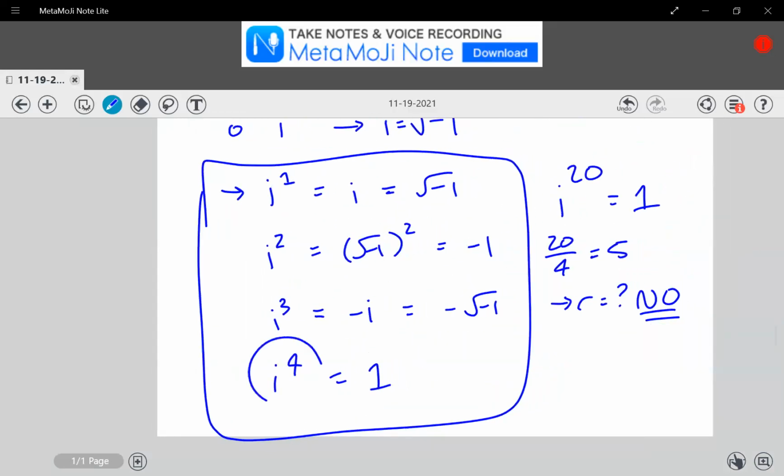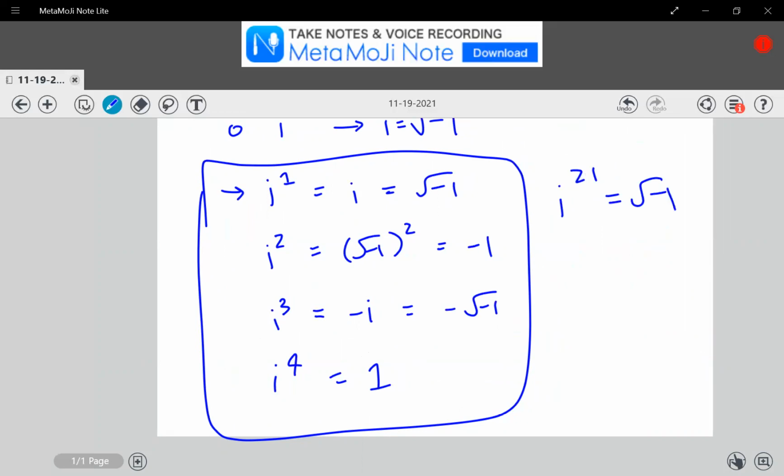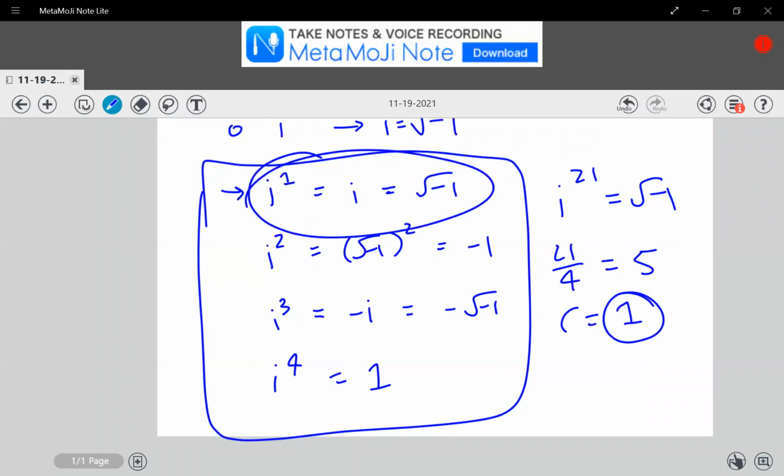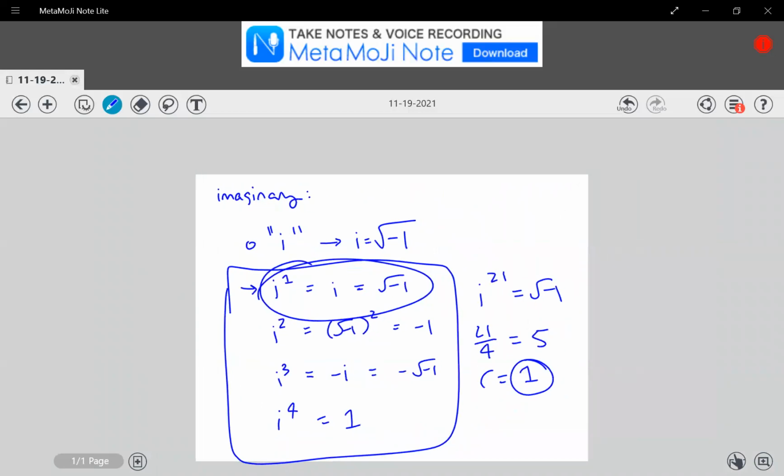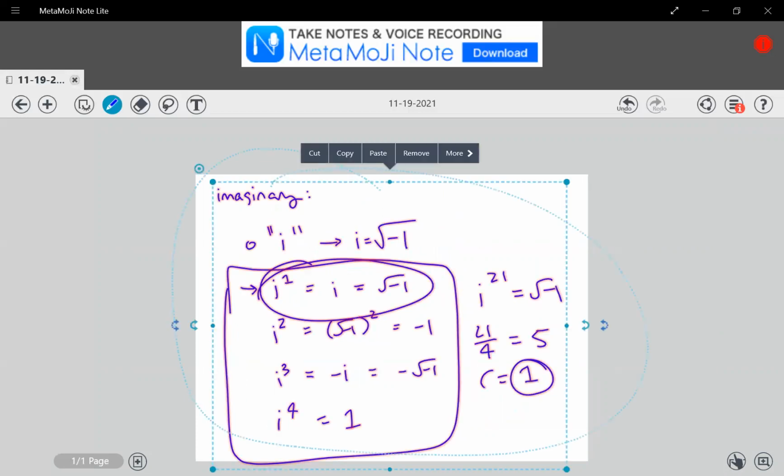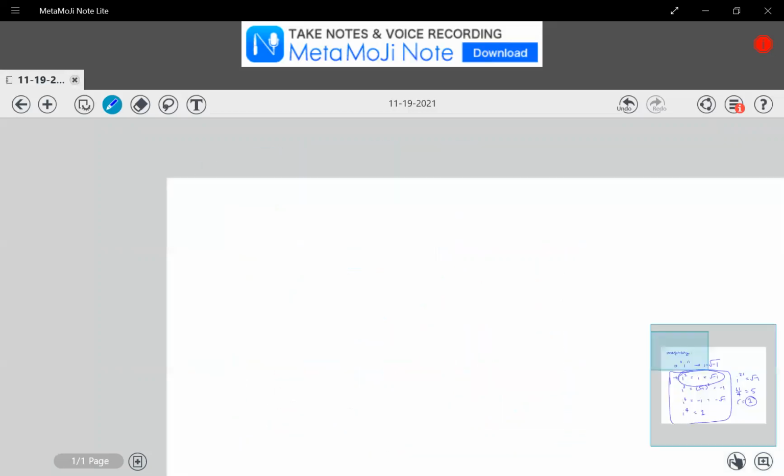That means that we're at i to the power of 4. It goes evenly. However, if we had something like i to the power of 21, then that would be i. Why? Well, 21 divided by 4 is 5 with a remainder of 1. i to the power of 1, square root of -1. All right? So that is how i works. A complex number, on the other hand, is any number that has an i in it.